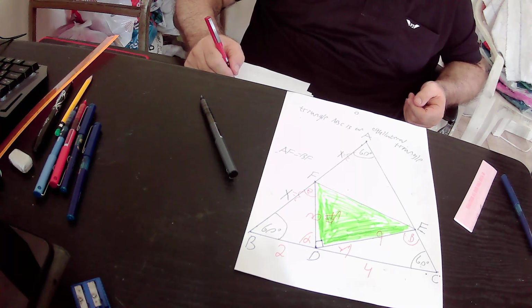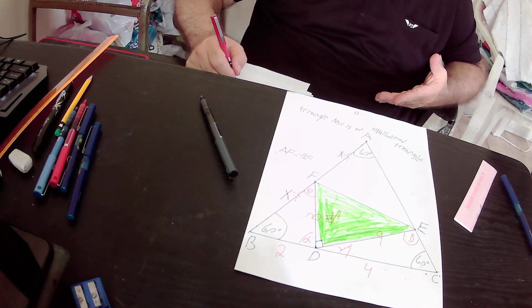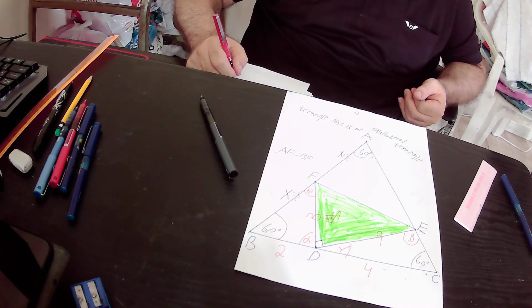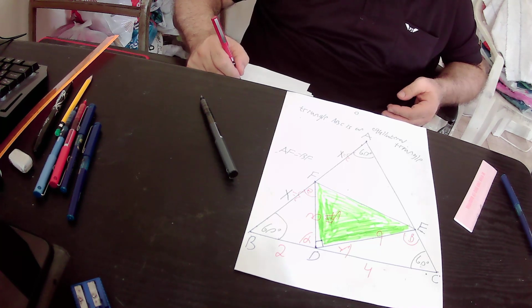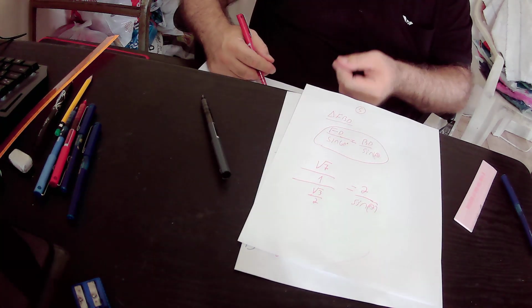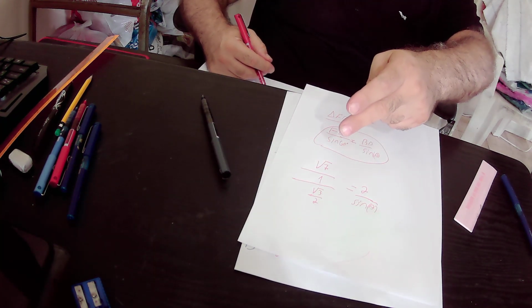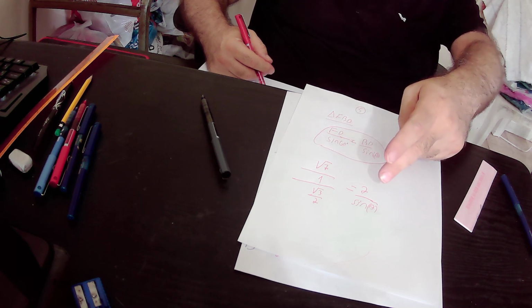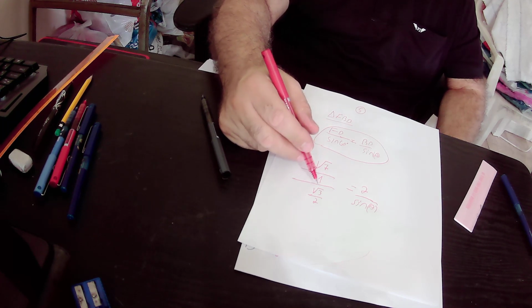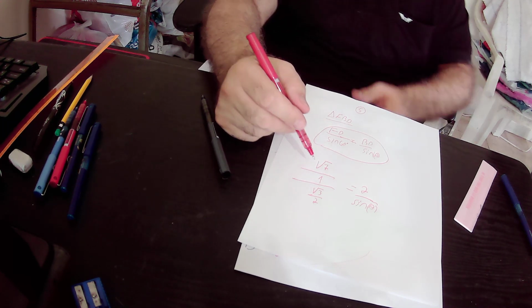So I leave it as it is, and we will find out the value of sine theta according to the equation that we created according to the law of sines. So, according to the law of sines, root 7 over root 3 over 2 equals 2 over sine theta. Here we can move 2 to the numerator and root 3 to the denominator.